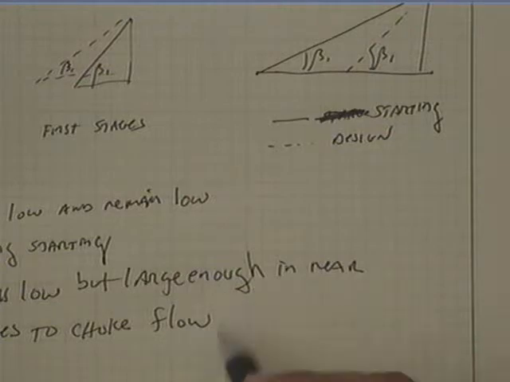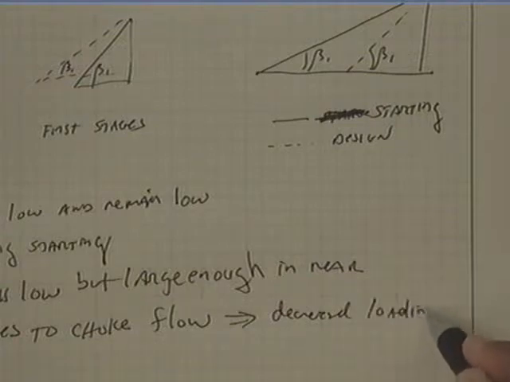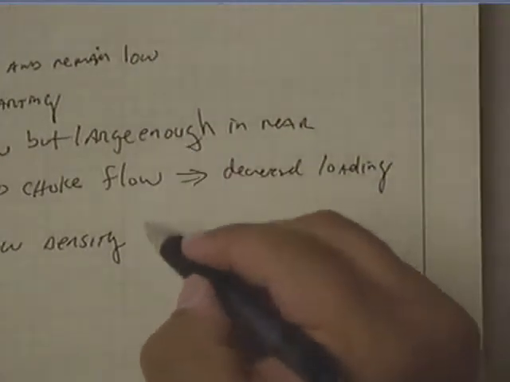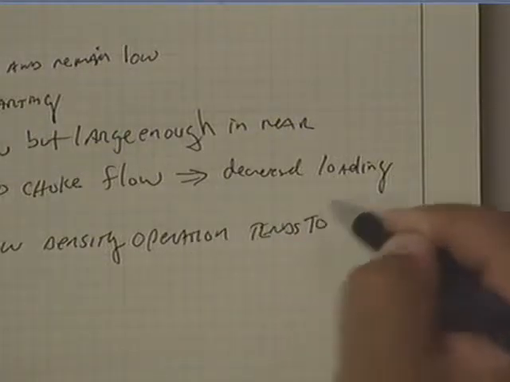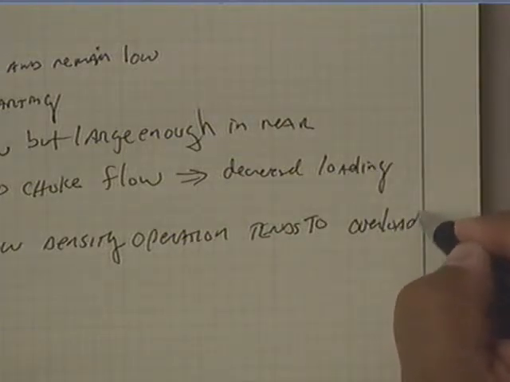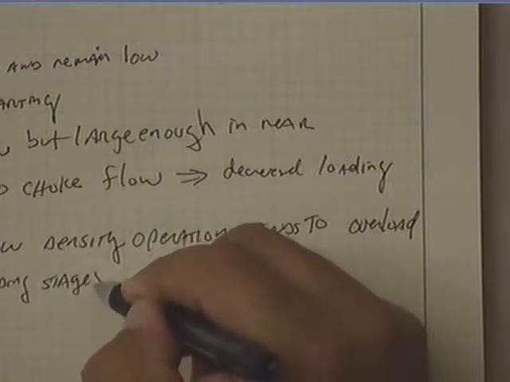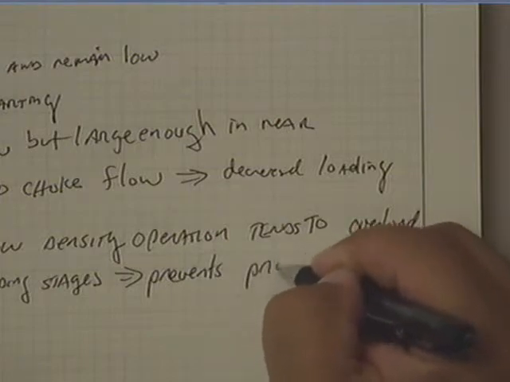And this leads to decreased loading. So, low density operation tends to overload the leading stages, and this prevents proper compression.